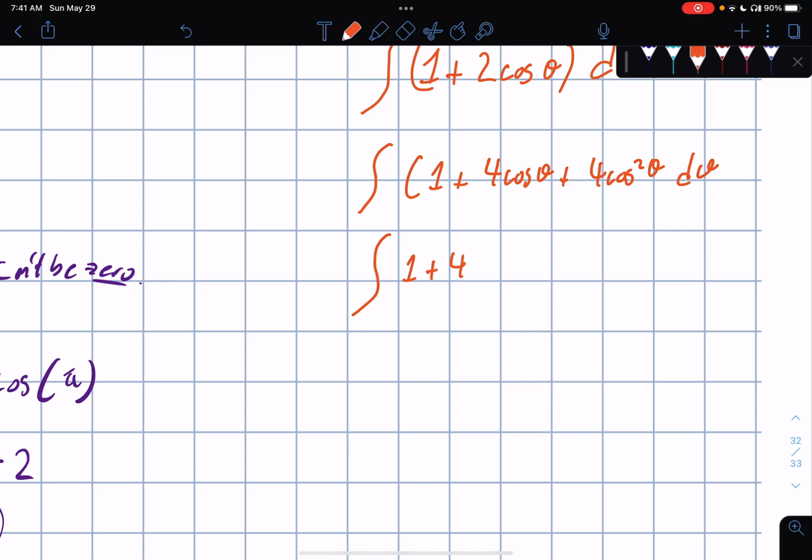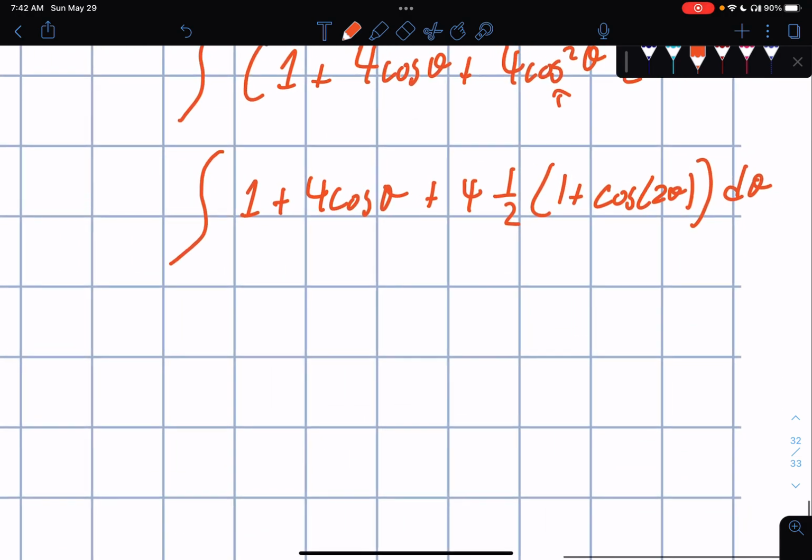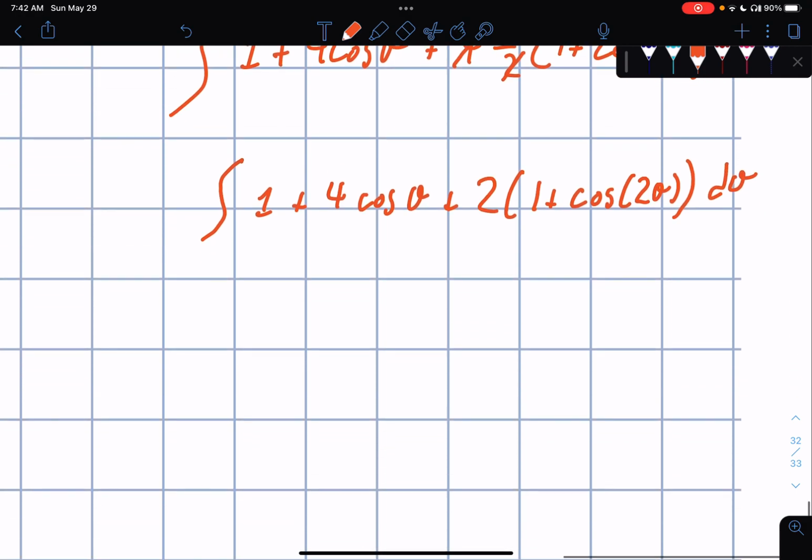So 1 plus 4 cosine theta, I can't really integrate this yet, so I'm going to have to use my half angle formulas. 1/2 times (1 plus cosine 2 theta) d theta goes here. This is a 2 now. 1 plus 4 cosine theta plus 2 times (1 plus cosine 2 theta) d theta.